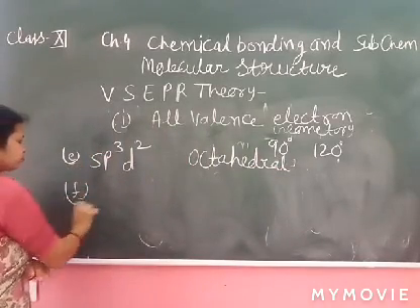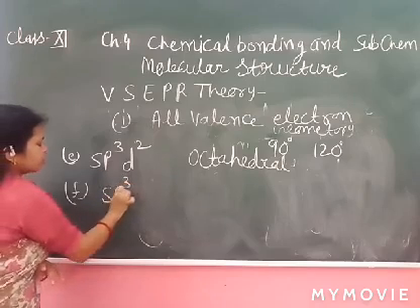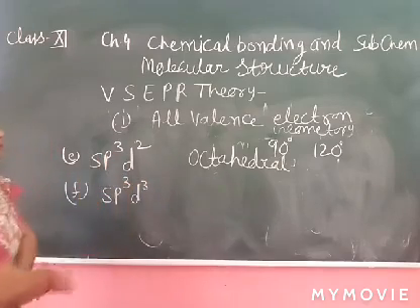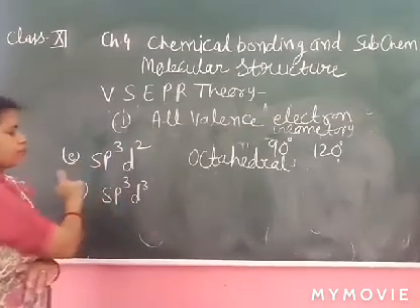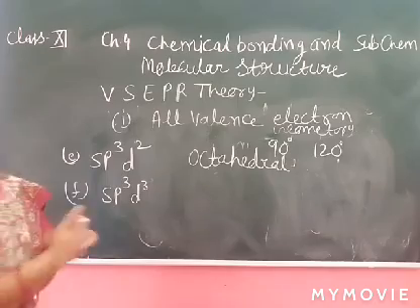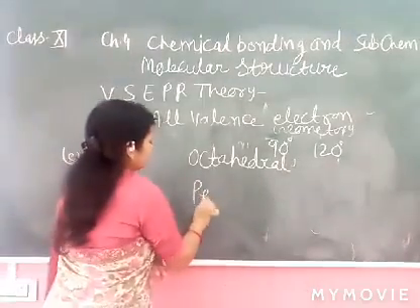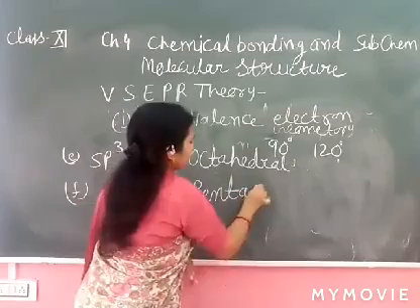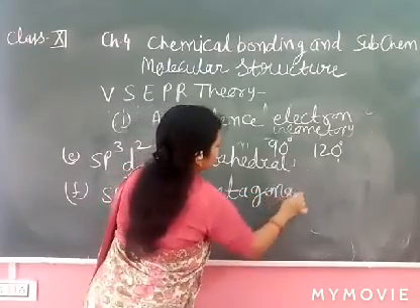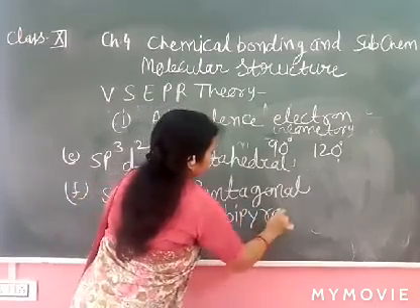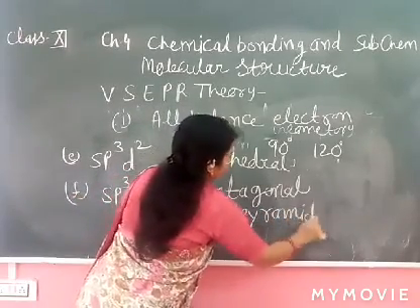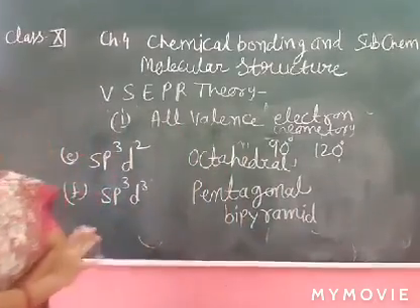Now, last, sp3d3. Seven sigma bonds. The geometry is pentagonal bipyramid.